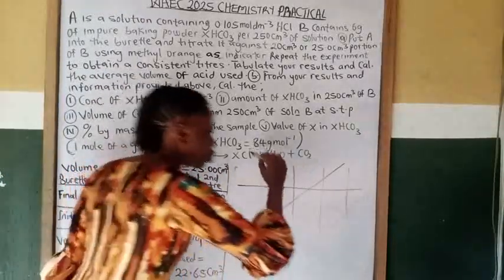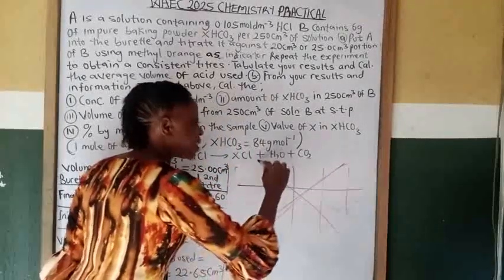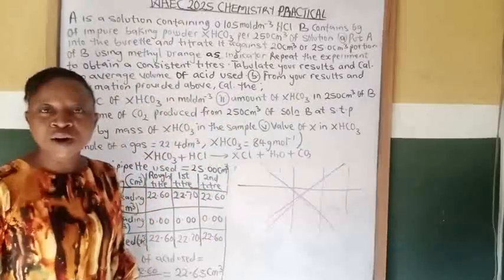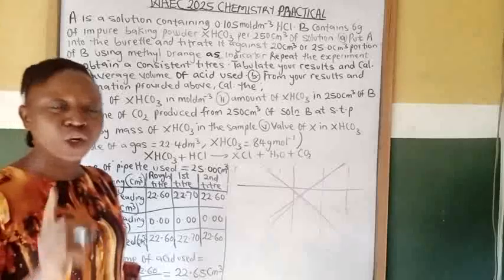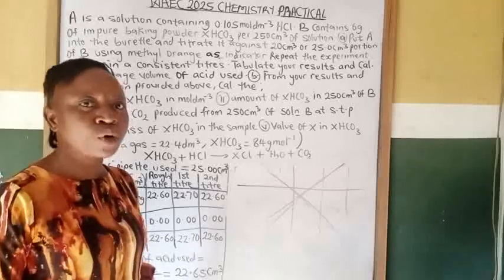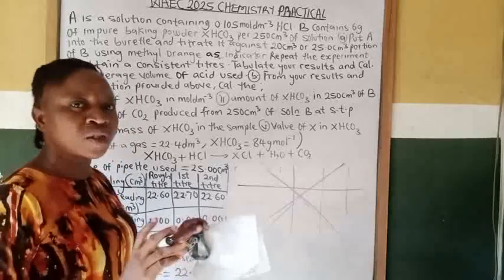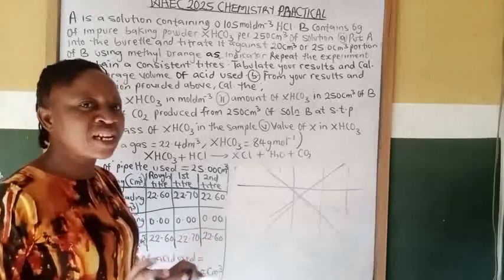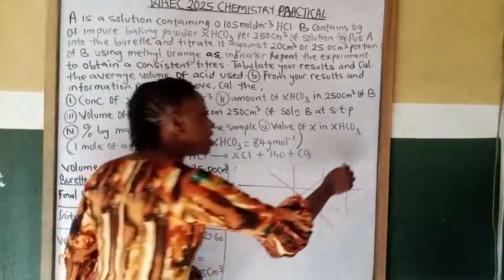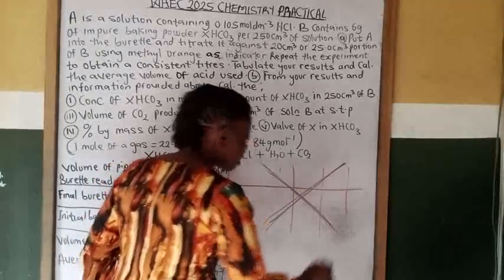Then you now cancel. Cancellation is -4. 4 marks will be deducted from your table. So make sure that you calm down and form your table diligently. So cancellation is -4.